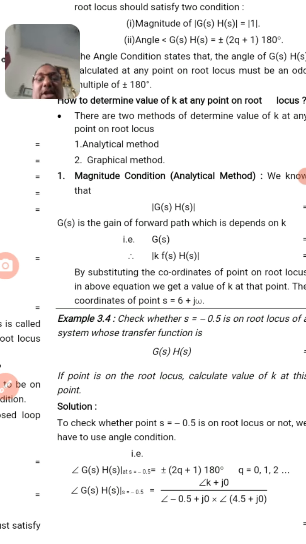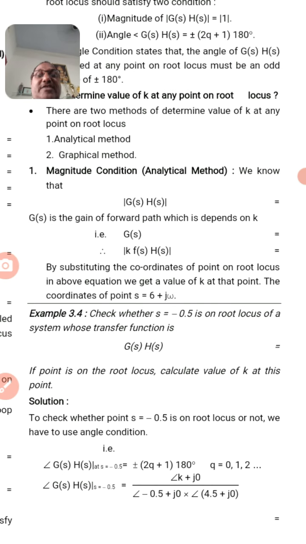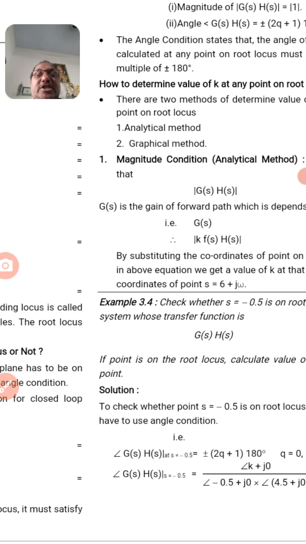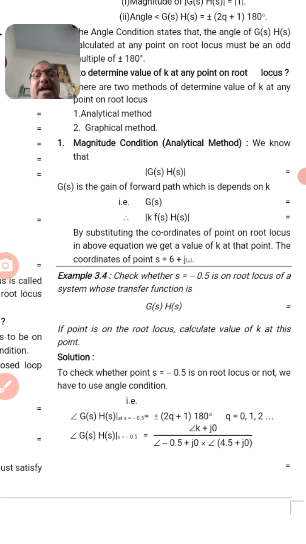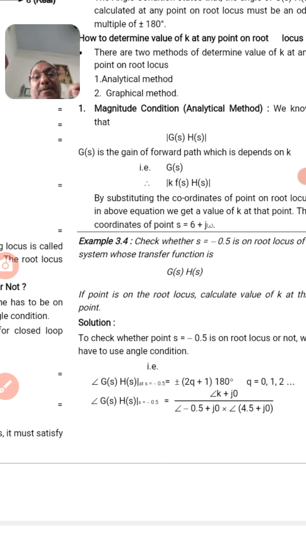A problem in a question paper will be like this: check whether s is equal to minus 0.5 is on the root locus of the system whose transfer function is G(s) into H(s). If the point is on the root locus, calculate the value of K at this point. Before learning this, we will directly go to a problem.